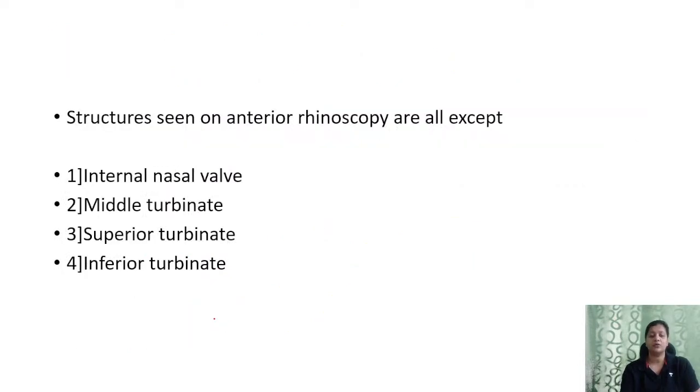The second question goes like this. Structures seen on anterior rhinoscopy are all except: internal nasal valve, middle turbinate, superior turbinate, inferior turbinate.